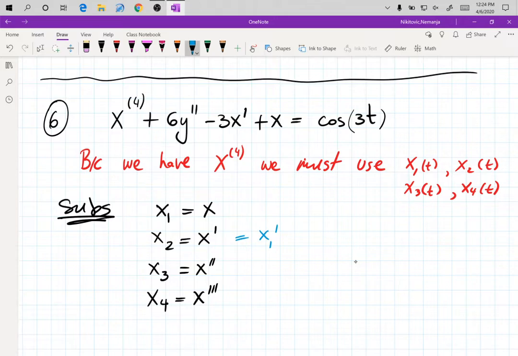Let me also write over here what I need. I need x1 prime, x2 prime, x3 prime, and x4 prime. Those are the ones I need.